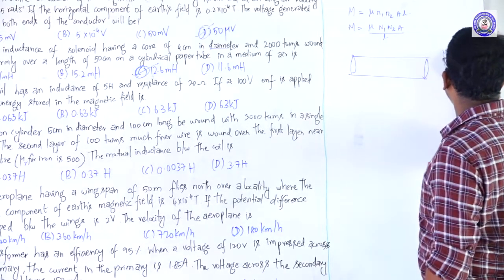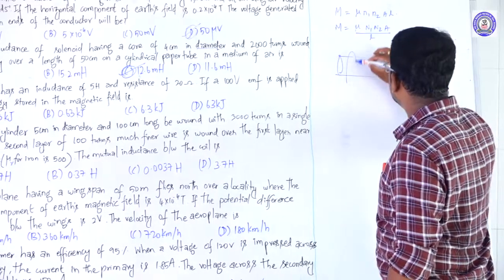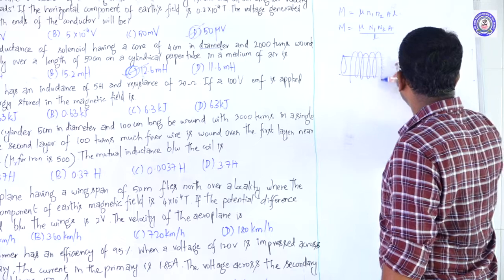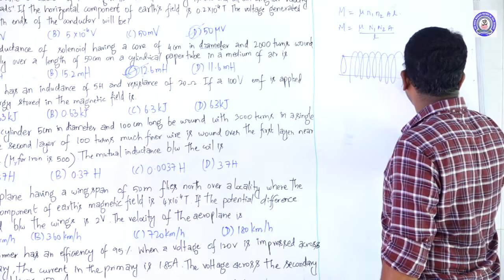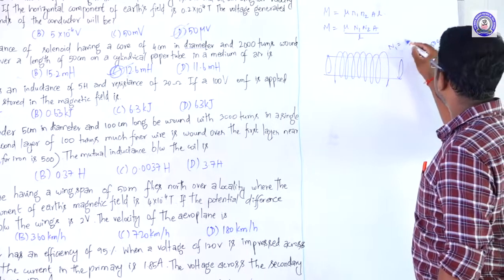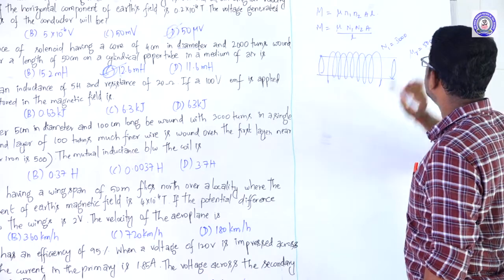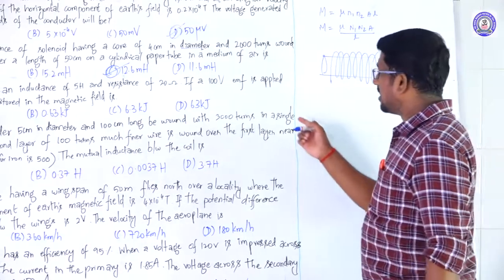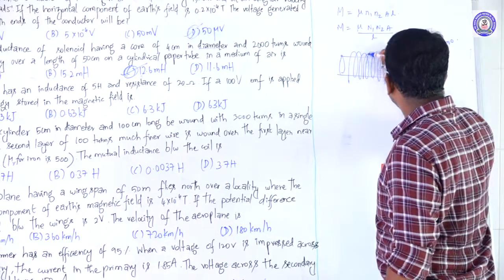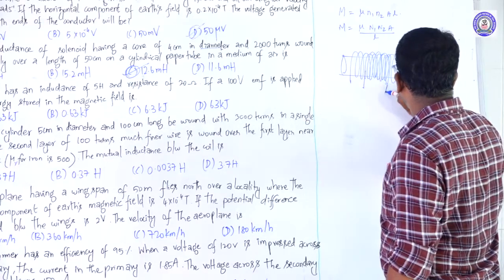whose relative permeability value is 500, on which the first coil is mounted. The number of turns in the first layer, or first coil, is 3000. And the second layer is also wound over the first layer at its center.